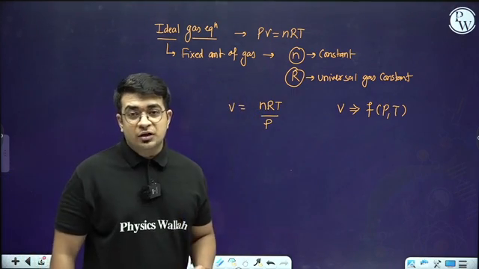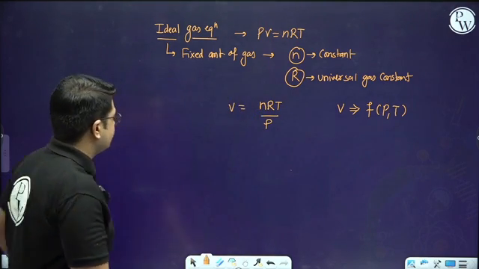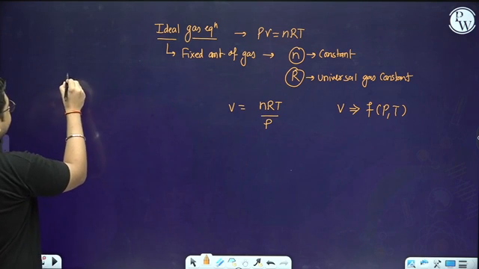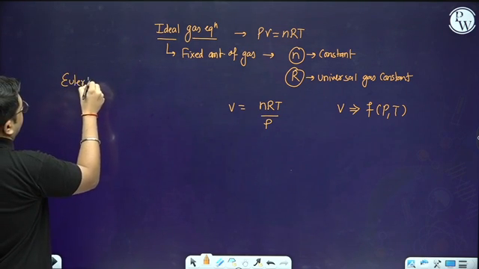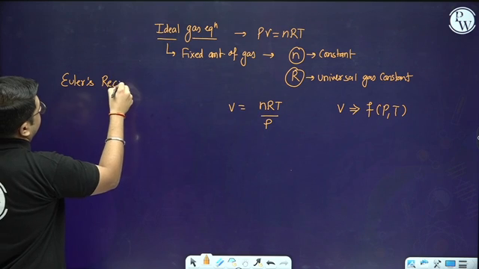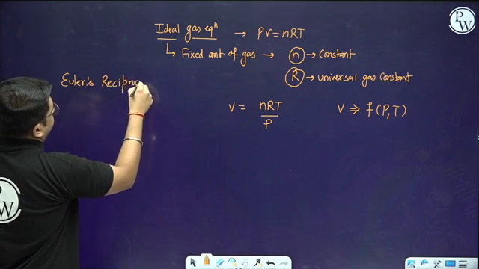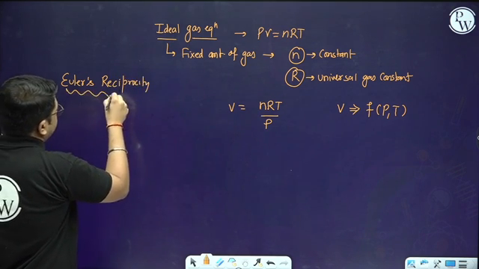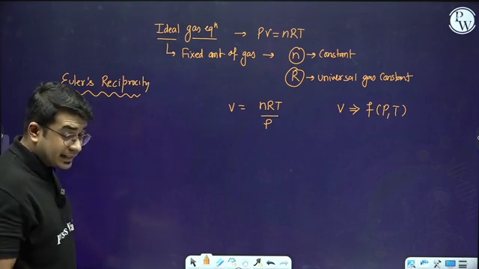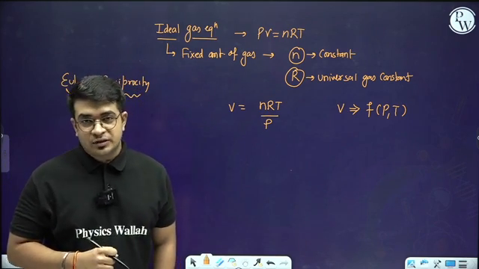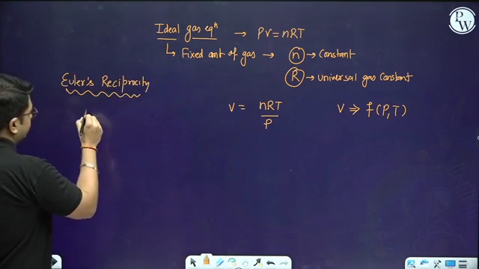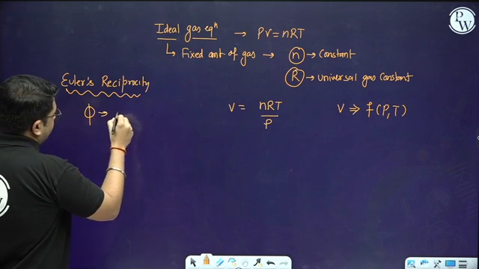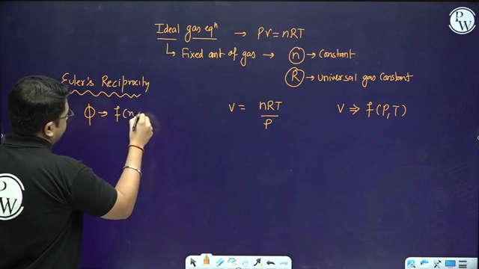Now I am going to use a very interesting concept, which is known as Euler's reciprocity. I'm going to use a simple calculation related to Euler's reciprocity. Let's say we have a function phi, which is a function of x and y.